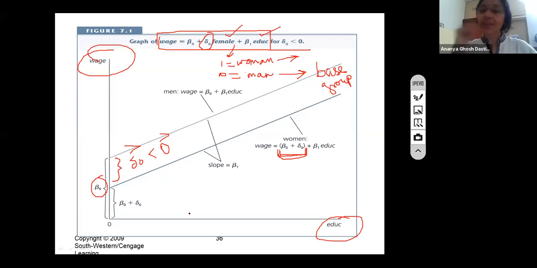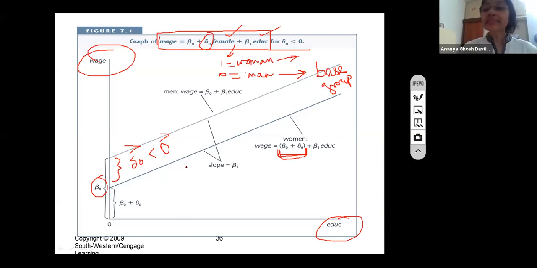So we are actually looking at something that's pretty simple. You have run a regression of wage on a dummy female and an explanatory variable, education. Look at what you are getting. The intercept term in this regression is actually giving you the intercept of the male regression line.